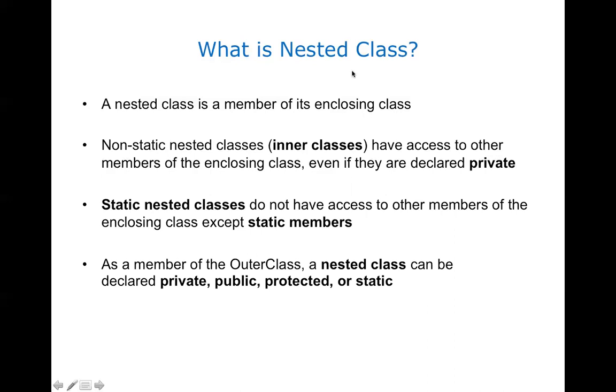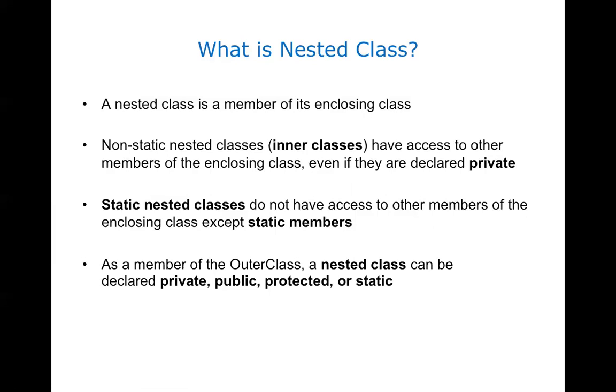The modifiers which are applicable for an outer class are public, unspecified (default), final, abstract, and we can also make a class strictfp. So these five modifiers can be applied to an outer class. But an outer class cannot be a private class.